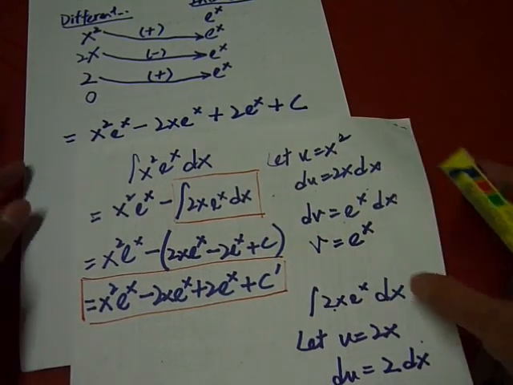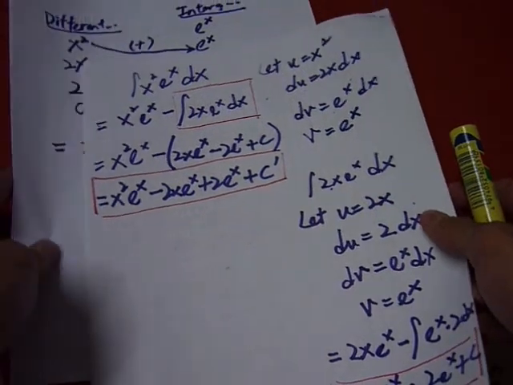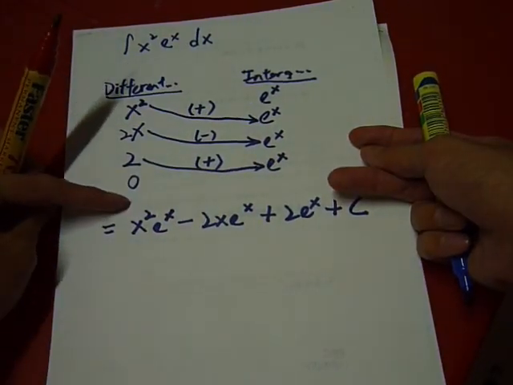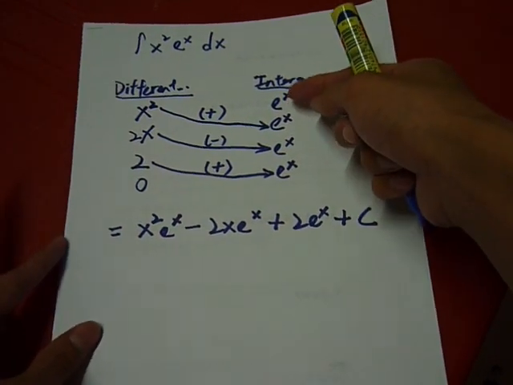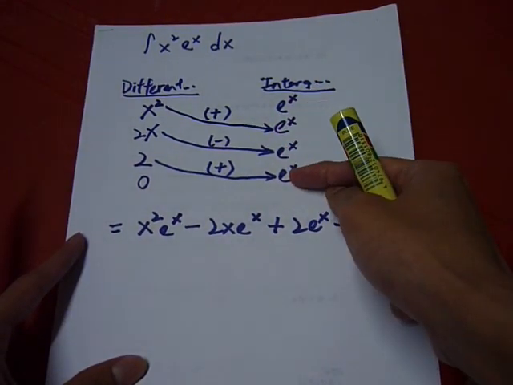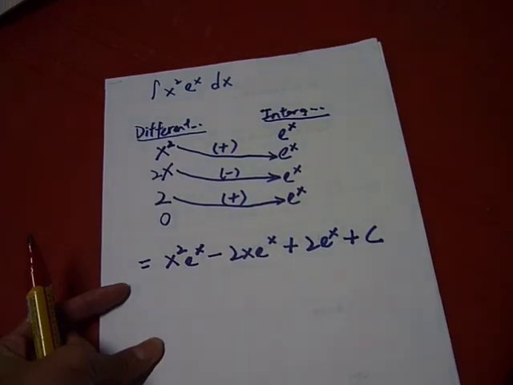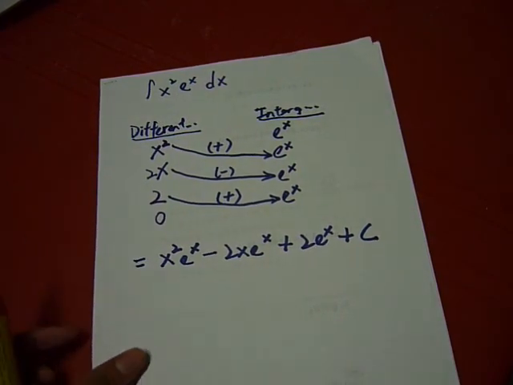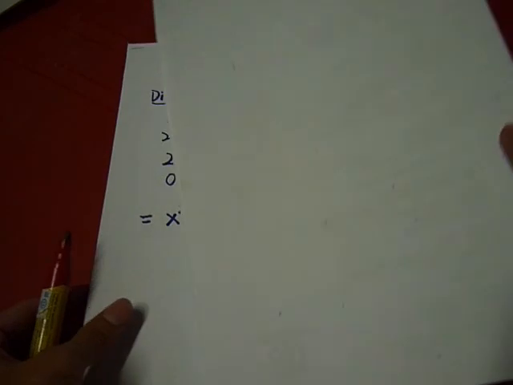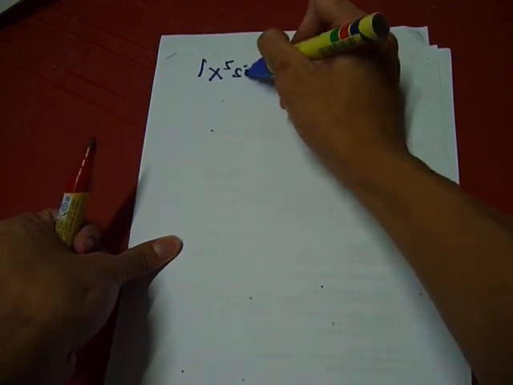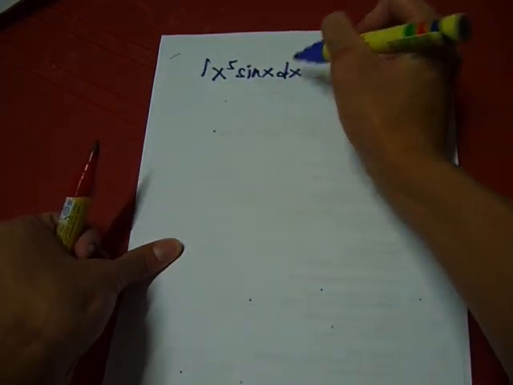So tabular integration is suitable for questions where we need to differentiate repeatedly, and integrate repeatedly. For example, if you get a question in which the power of x is very big, like integration x to the power of 5 sin x dx.